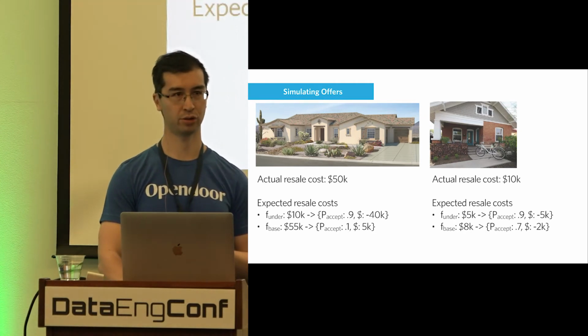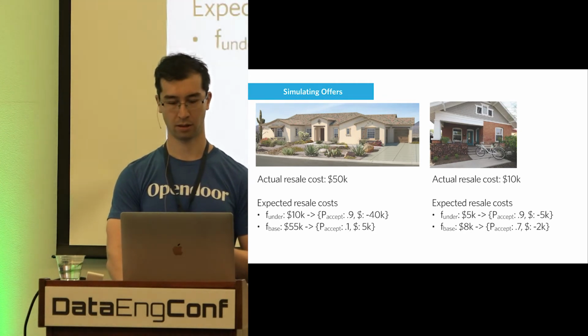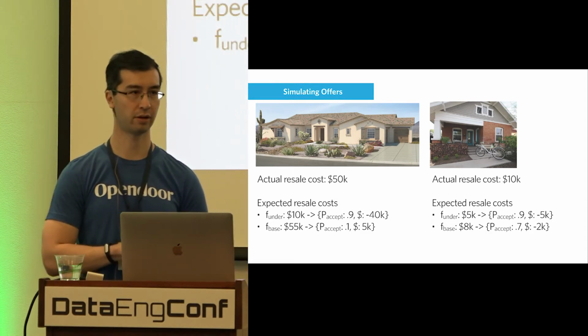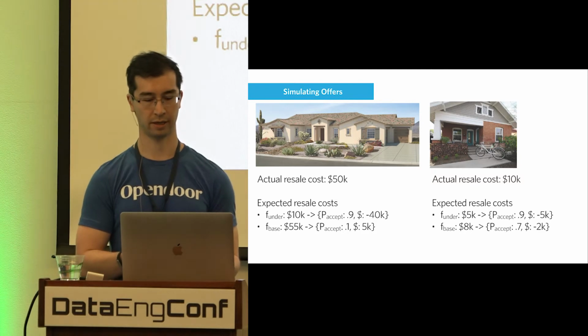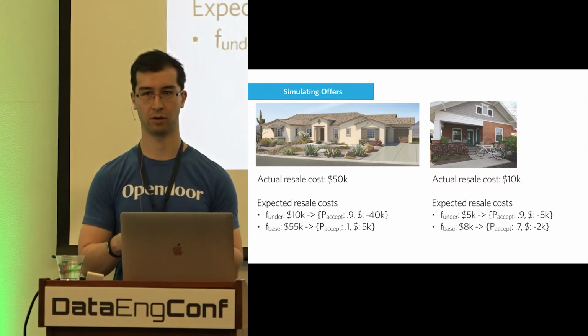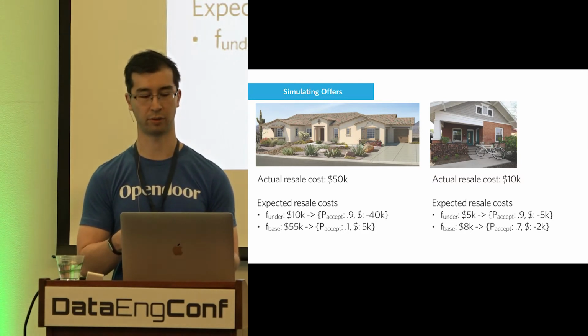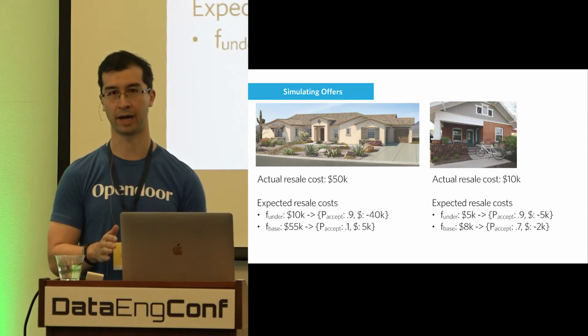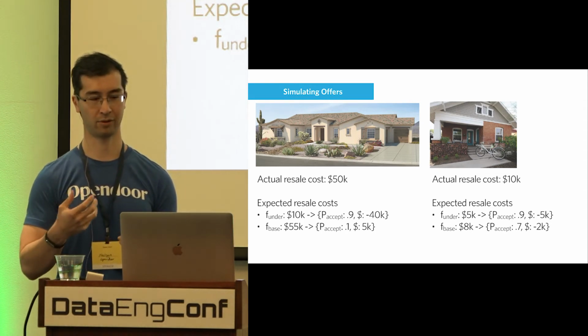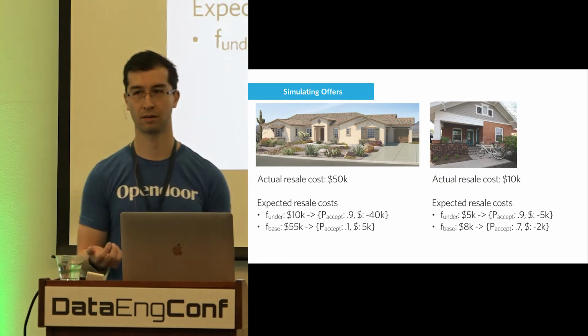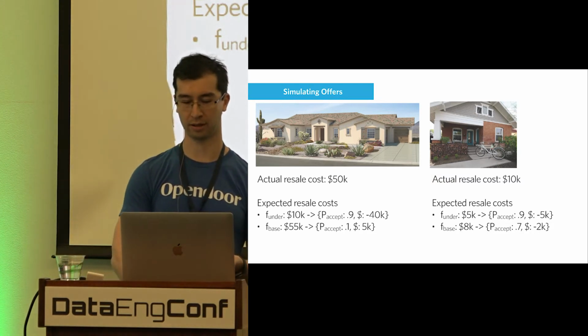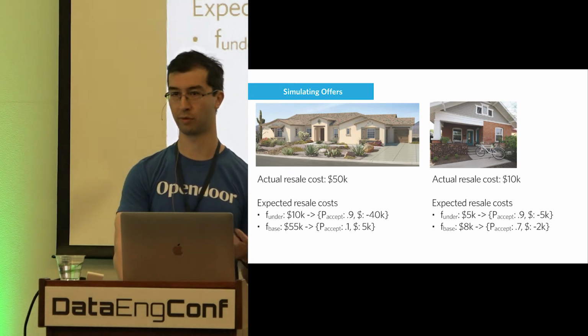And we're going to compare two different pricing models, one of which consistently underestimates resale costs. So here, it's estimating $10,000. And the two metrics that we care about, seller conversion, or the probability that the seller will accept, is 0.9. It's very high, because the seller is thinking, wow, it's like such an expensive house, it's going to be hard for me to resell. I want to take advantage of this. And unsurprisingly, we lose a lot of money in this case, so $40,000, for instance.